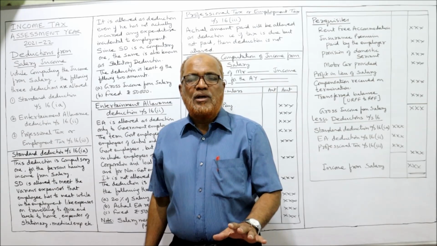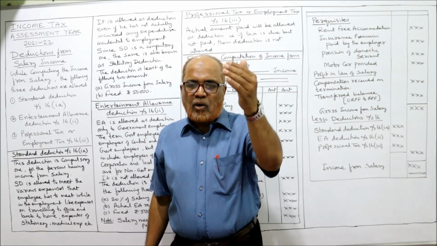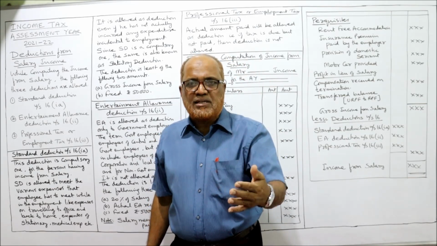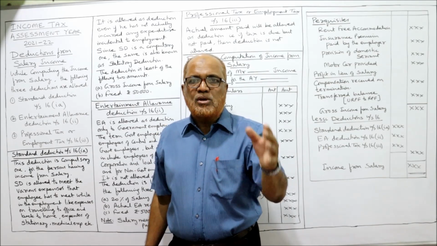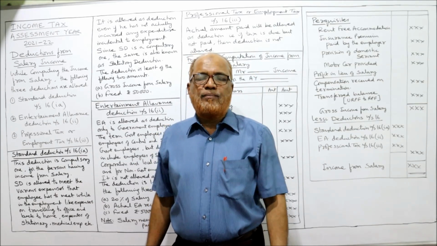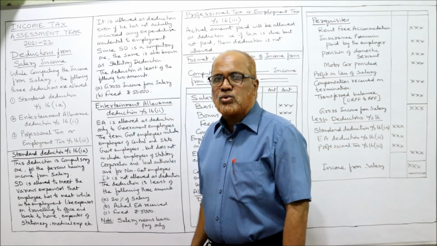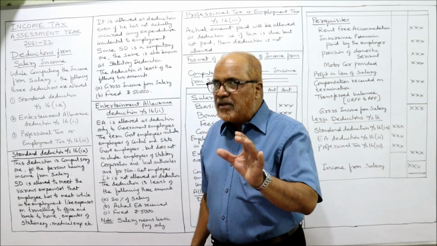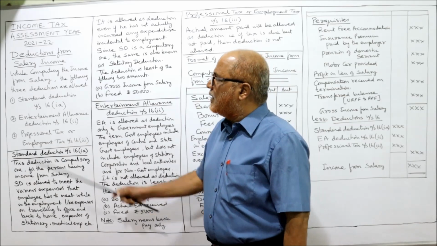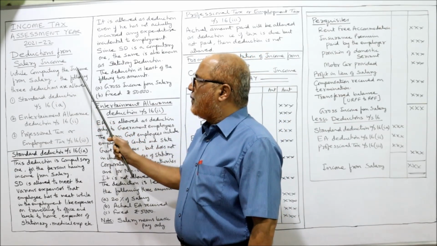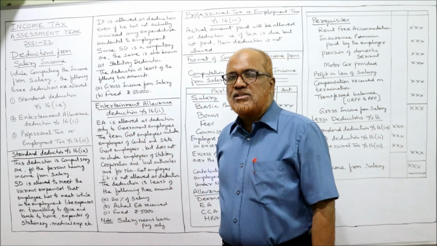This is the procedure. We have already covered all the 4 components. We have discussed the theory, and we have done the problems on the 4 components. Now lastly, deductions from gross income from salary. While computing the income from salary, the following 3 deductions are allowed.